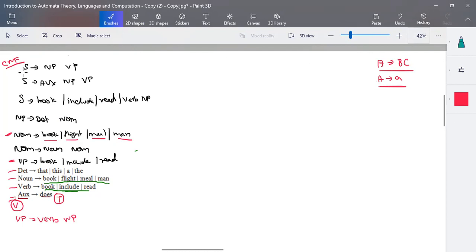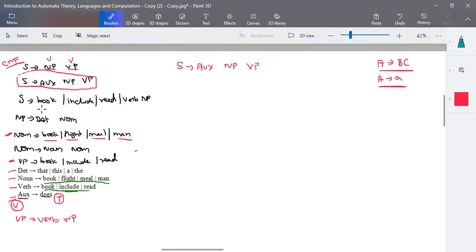Now we have to check from the first. You have S tends to NP VP. NP is a variable, VP is a variable, so S tends to two variables is allowed. And here you have three elements, so take it down separately. This needs to be verified. When you have a lot of productions to be checked, there is no need to go for renaming all of them; whatever is needed, you just take that alone.